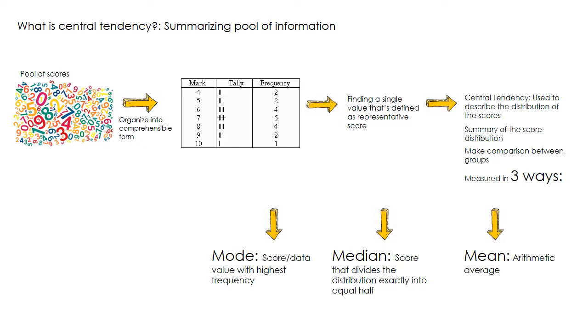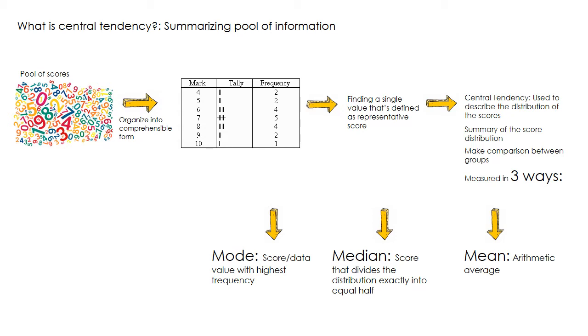When you're summarizing a pool of information, there are three different ways you can do it and three different kinds of information you can get. One is the mode. Mode is the data value with the highest frequency. What is the score that appears the most in your data set?